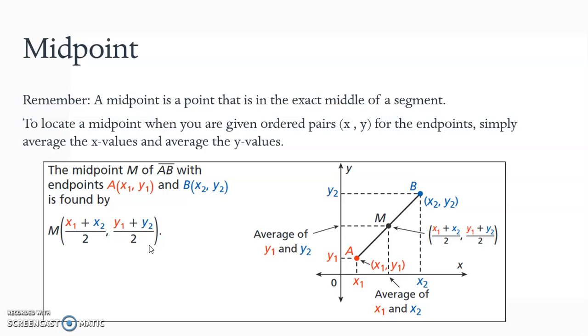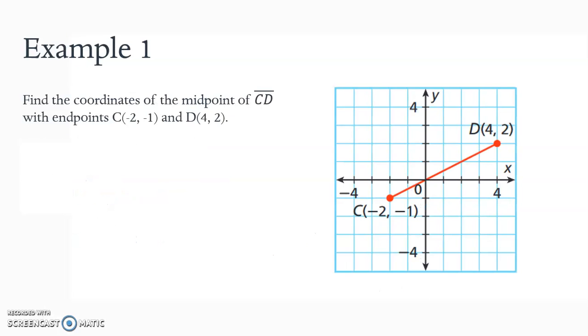So let me show you an example where we're going to apply the midpoint formula. In example 1, they say to find the coordinates of the midpoint of segment CD with endpoints C(-2, -1) and D(4, 2). Technically, it is not important to graph this. What's important is to use the midpoint formula.